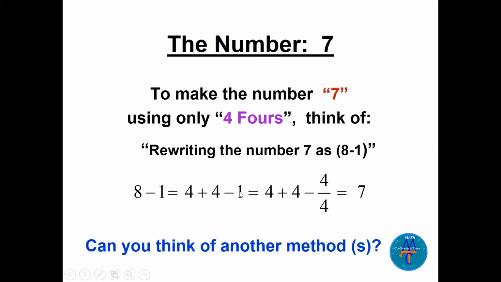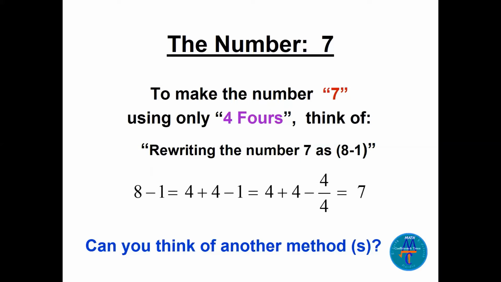Now the 1, you can write it as 4 over 4. That's 1. And 8 is 4 plus 4. So 4 plus 4 minus 4 over 4 is 7. Now that's the easiest, I think, method or way to write 7.